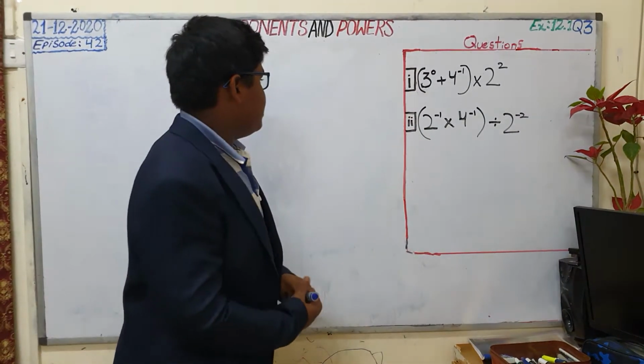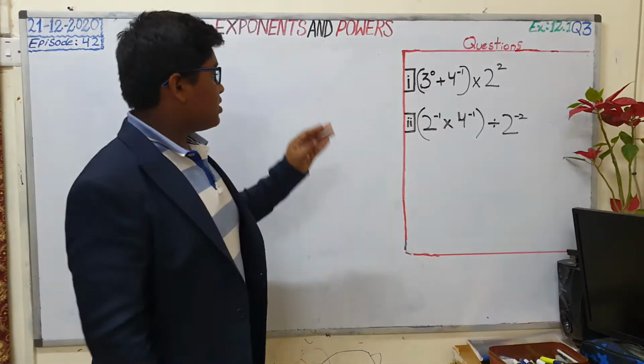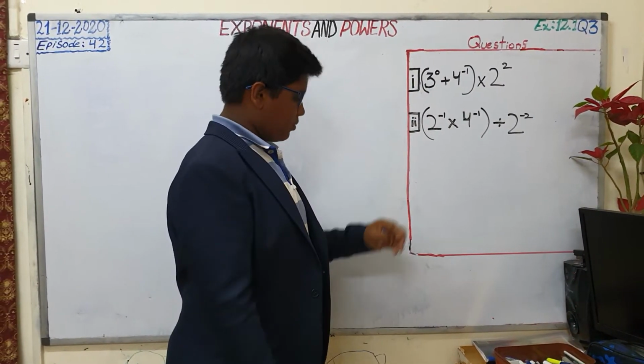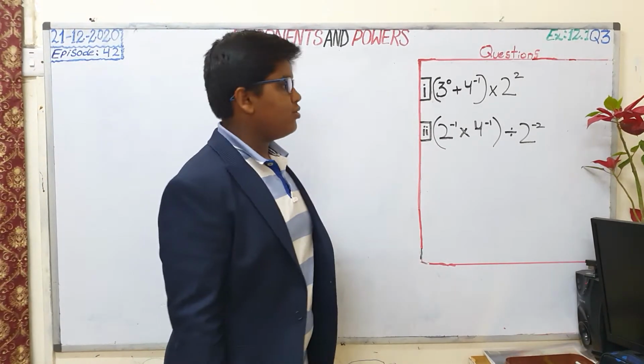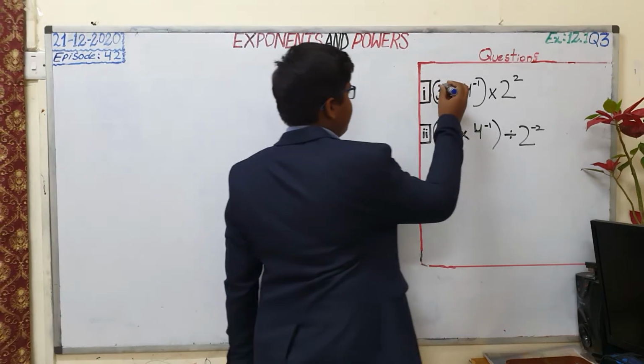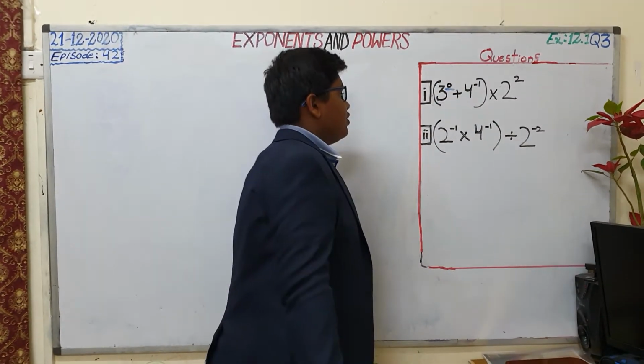So the first sub question is 3 raised to the power 0 plus 4 raised to the power minus 1, into 2 raised to the power 2, as it is. Now here we have an exponent which is 0.